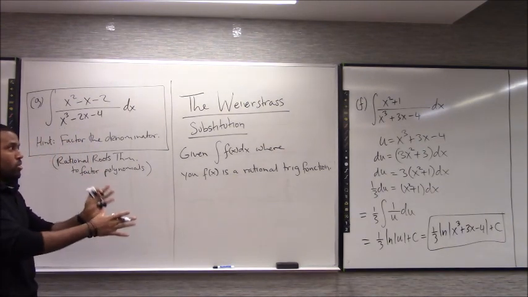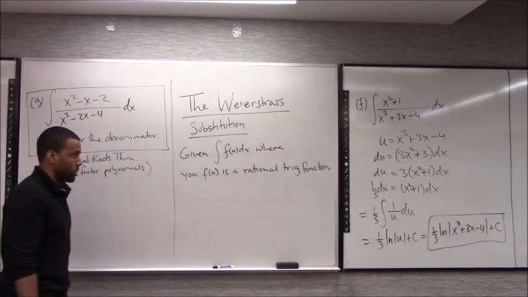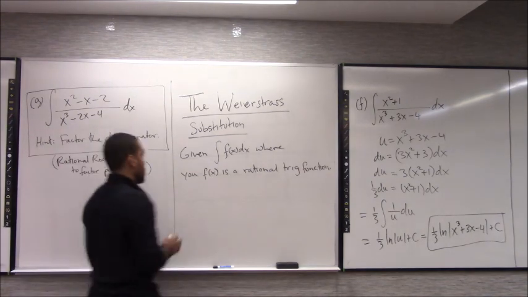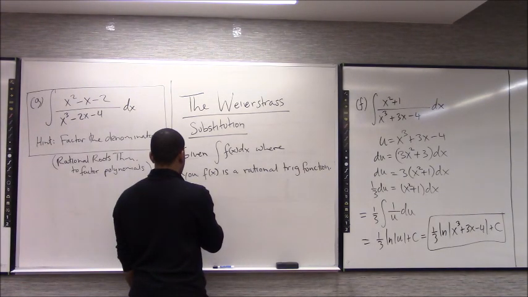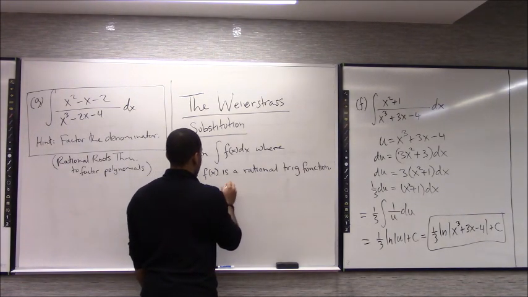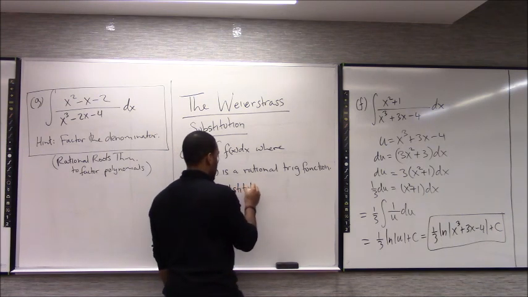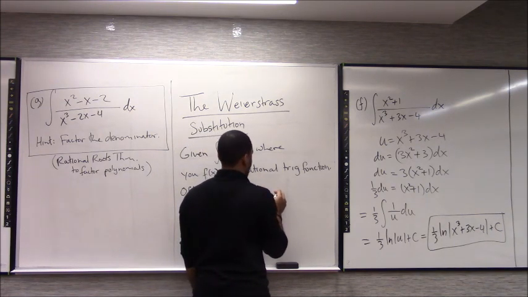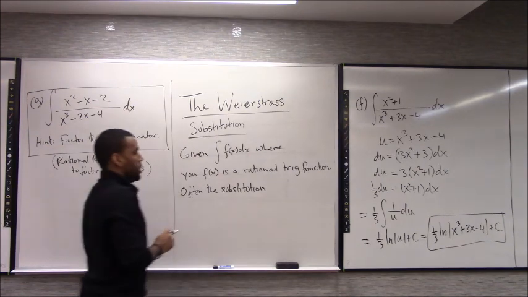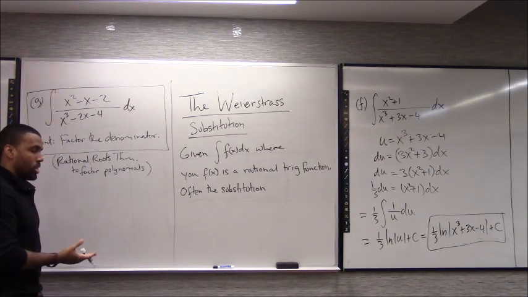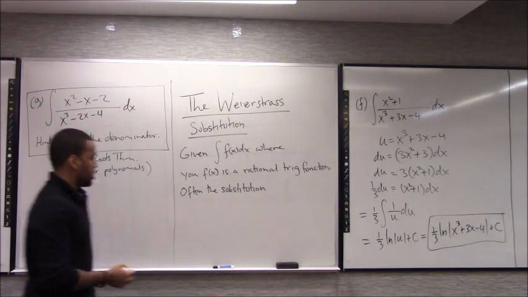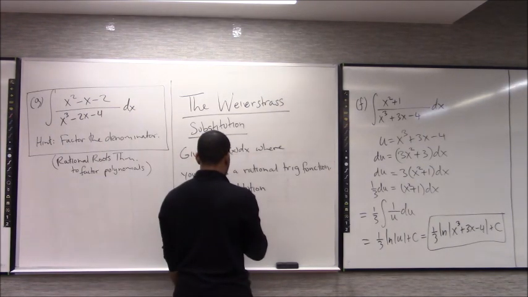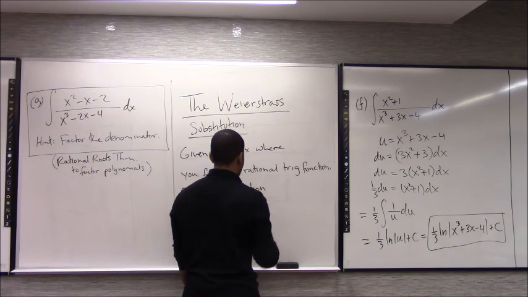So let's say I gave you the integral of some rational trig function. It turns out that often the substitution, now first it's going to look a little weird, but we're going to do a substitution of u equals the tangent of x over 2.